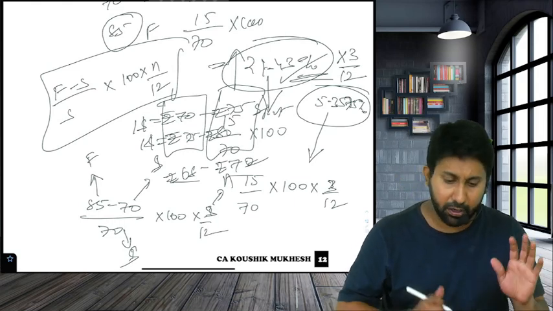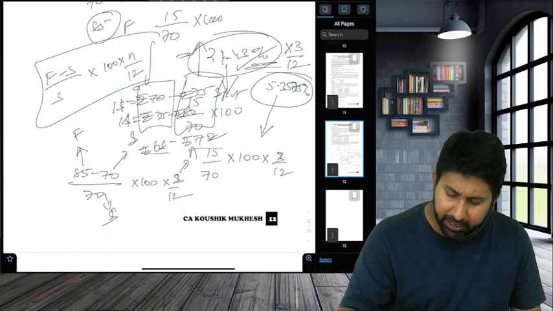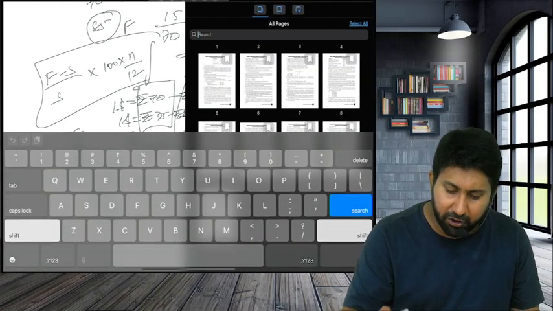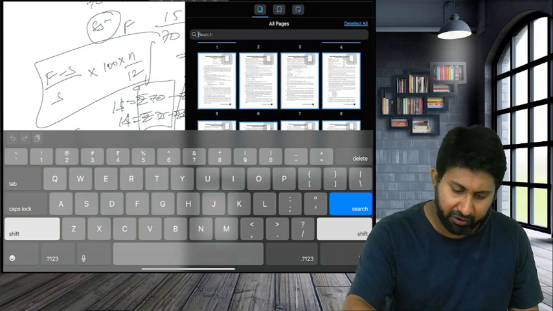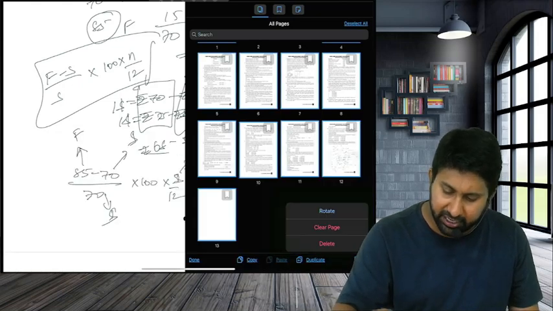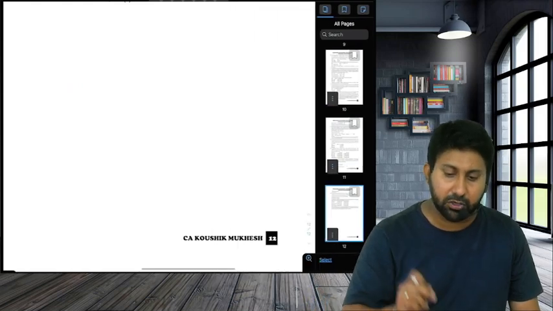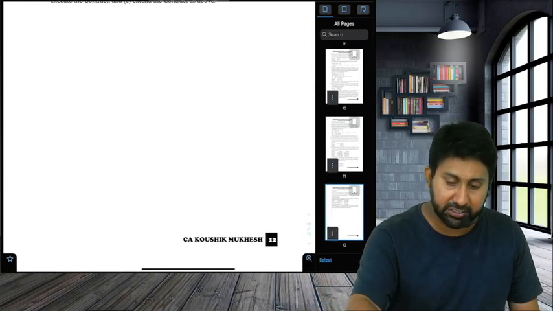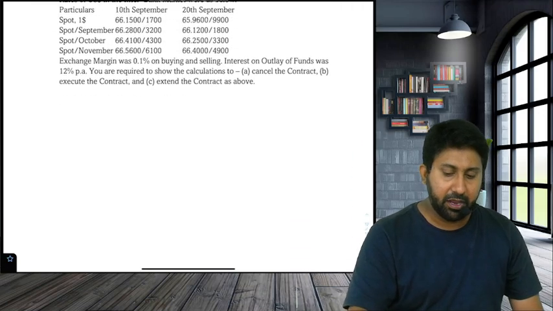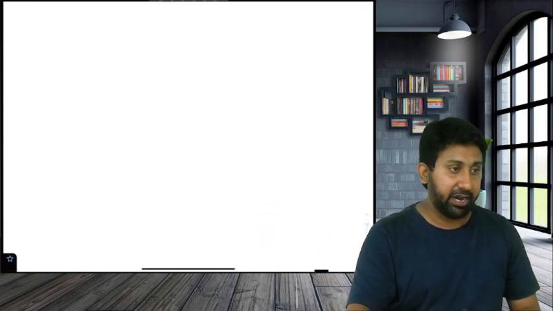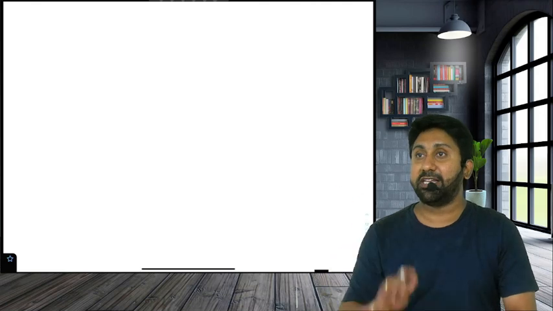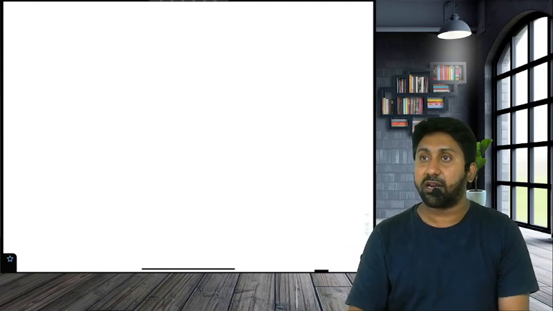Okay, so forward need not always have a premium. Forward can also have a discount. At that time this is called a discount, or also called a depreciation. At that time the implied interest rate will be a negative rate. How that impacts, we are going to see in an area called covered interest arbitrage.